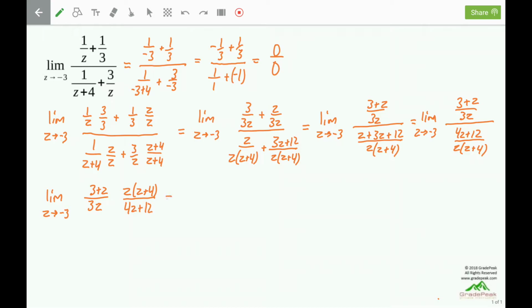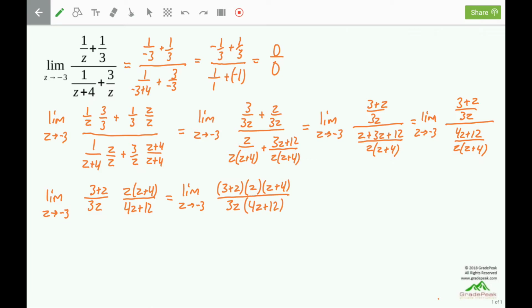And now we can multiply these fractions with each other. This will give us limit as z goes to -3 of (3 plus z) times z times (z plus 4), divided by 3z times (4z plus 12).